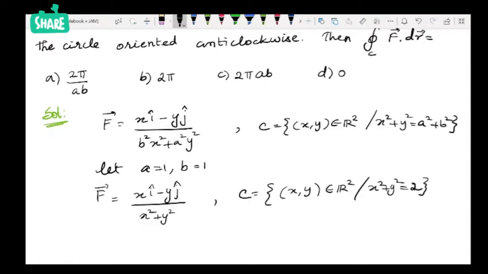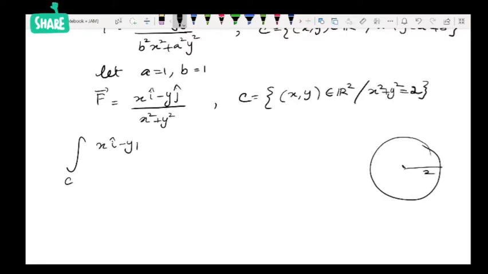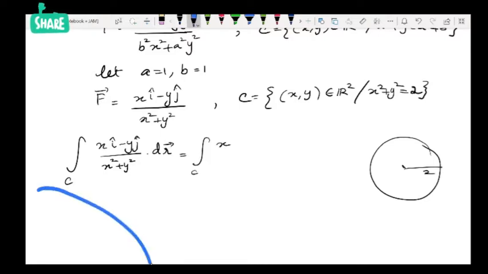So let's try to find the integral now. Integral over c of f dot dr. Here c is actually a circle with radius root 2. So f is xi minus yj by x square plus y square, and dot dr. What is dr? Dr is nothing but dx i plus dy j.